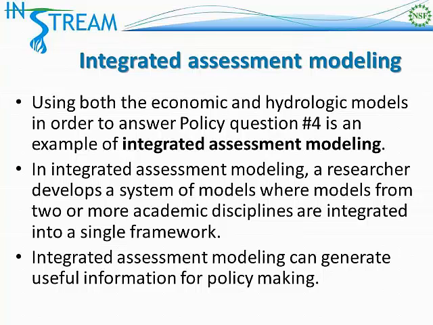In integrated assessment modeling, a researcher develops a system of models where models from 2 or more academic disciplines are integrated into a single framework. In this case, the 2 academic disciplines were economics and hydrology. Integrated assessment modeling can generate useful information for policy making, as we saw in the previous example.